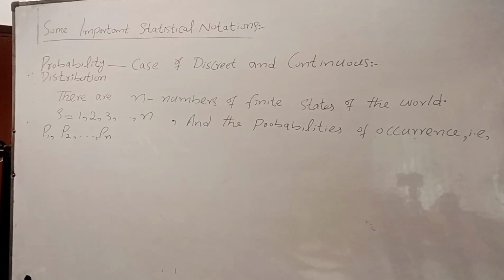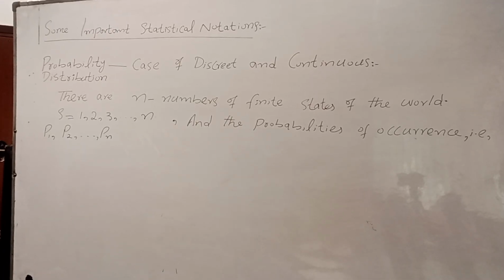These are the probabilities of occurrence P1, P2, and Pn.